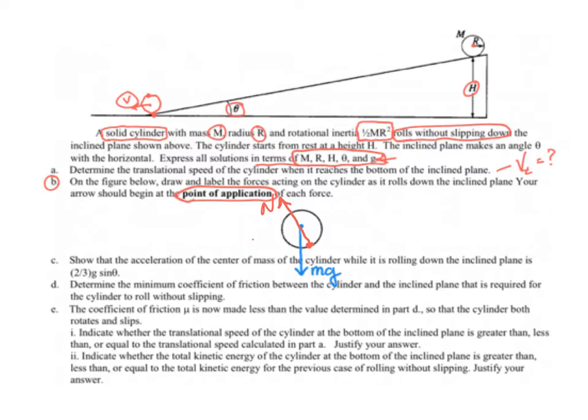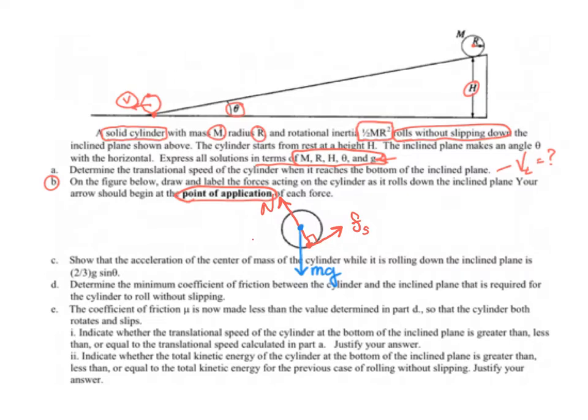And then it turns out friction is the other force. It's static friction, and that's acting at that same point of contact, and it's at a 90-degree angle to the normal force. So that's what those forces look like when you draw them at the point of application. That's not something we've seen before, but I wanted to draw that for you so you had some basis for this.